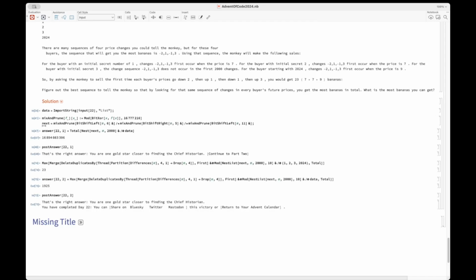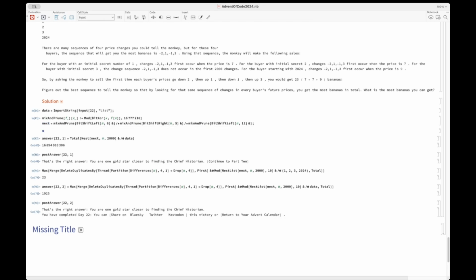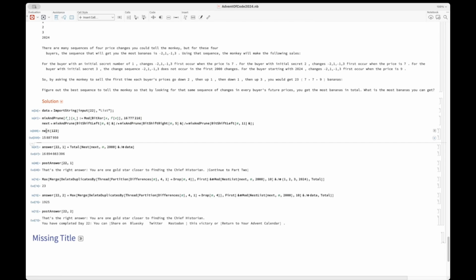You need to make a random number generator, which is basically this function, called mix and prune, some bit operations with some modular arithmetic. You do this operation 3 times, one after the other. That's your random number generator. You call it on some number and it generates another number.